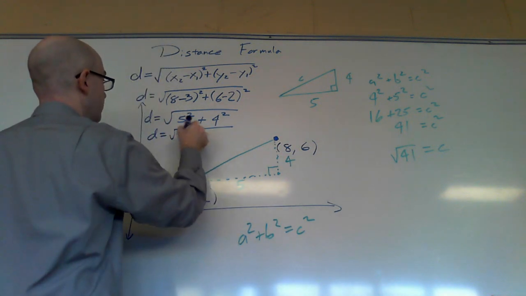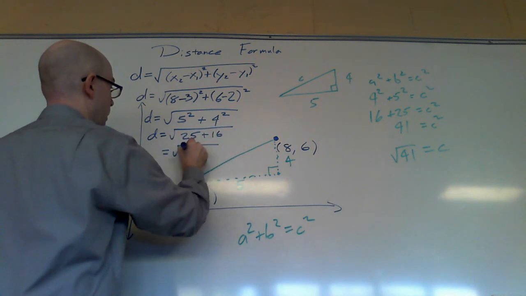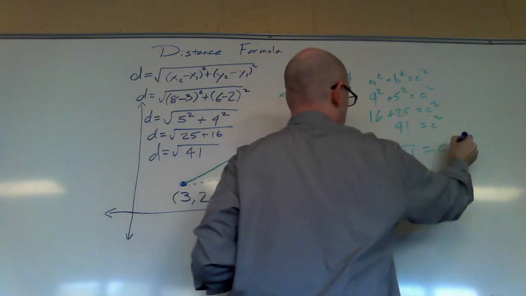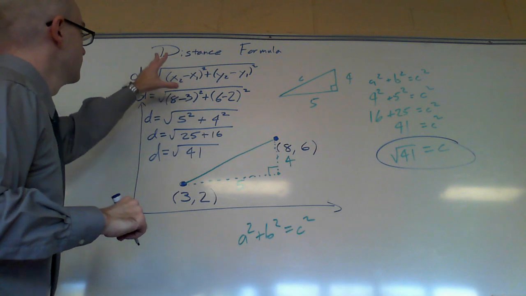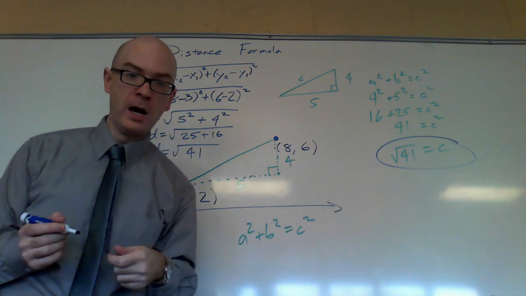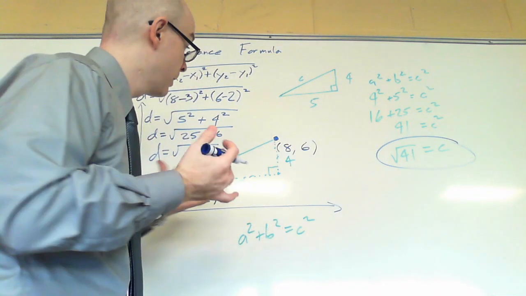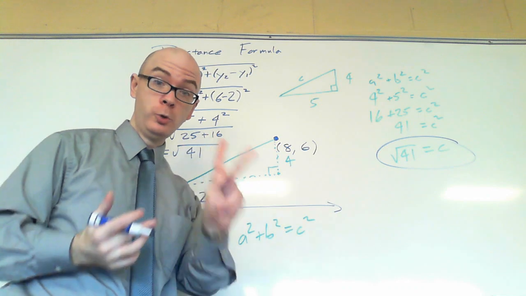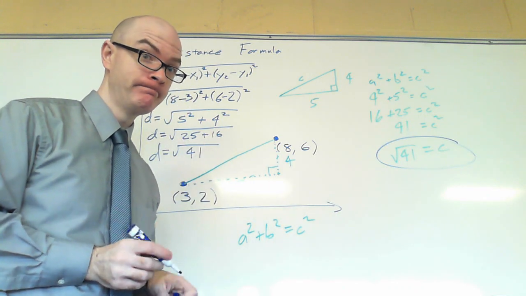Square root of 25 plus 16, square root of 41. Just like we saw over here. The only difference is this is in a slightly different format, but the same concept is at work. We are using the Pythagorean theorem in order to find the distance between 2 points on a plane. That's it. All right.